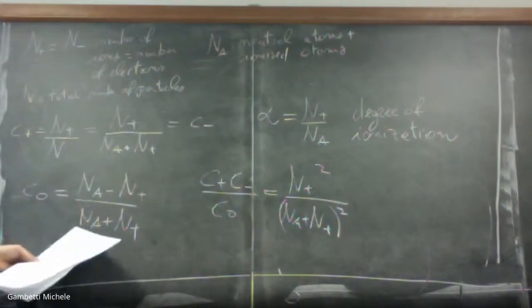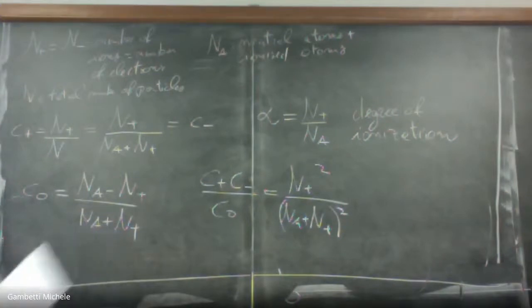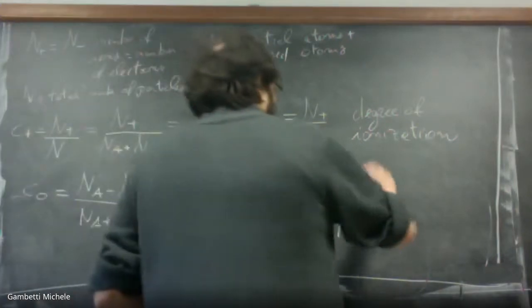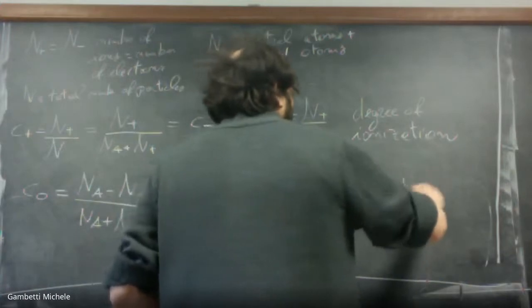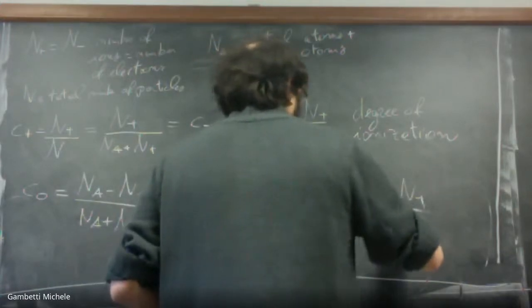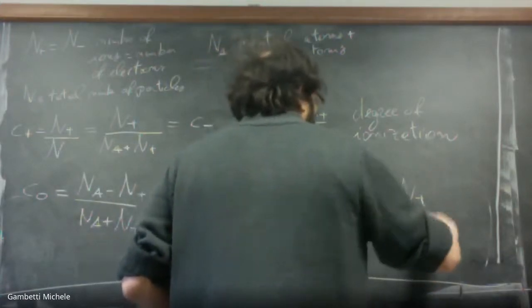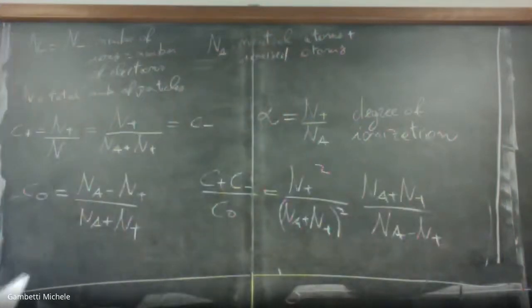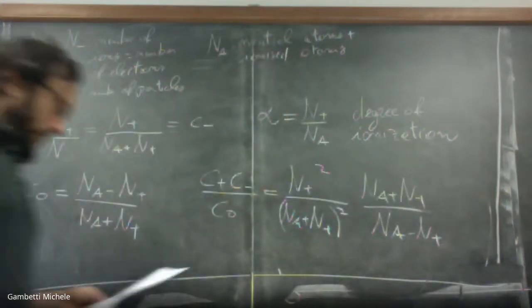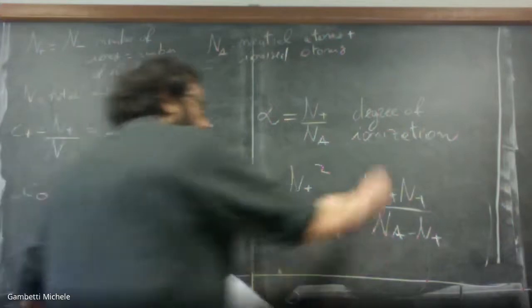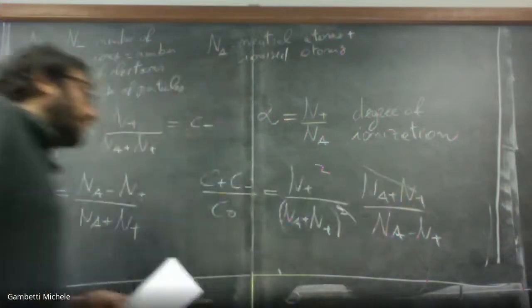Then I have to divide by C0, and C0 is Na minus N plus divided by Na plus N plus. So something cancels, and this is removed.